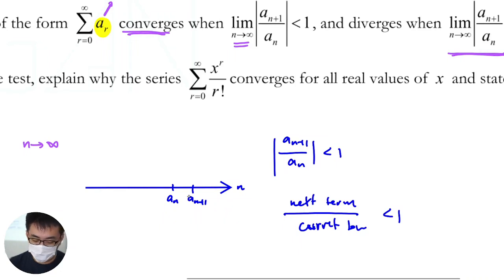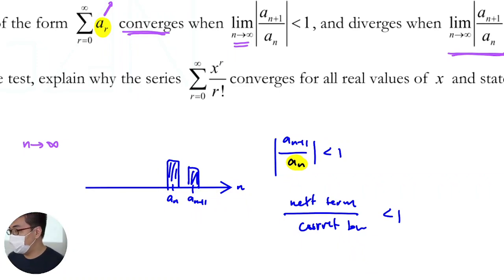Okay, if the next term over the current term is less than 1, which one is bigger? The next term or the current term? Obviously, the current term is bigger, right? Because in order for you to get less than 1, your current term is actually bigger than the next term. So in this case, this a_n will be slightly bigger than a_(n+1).